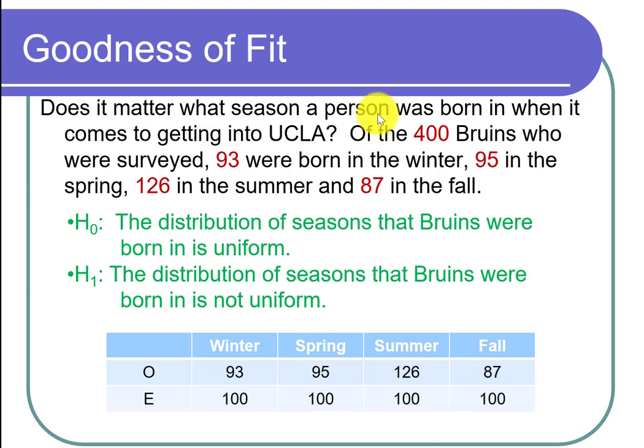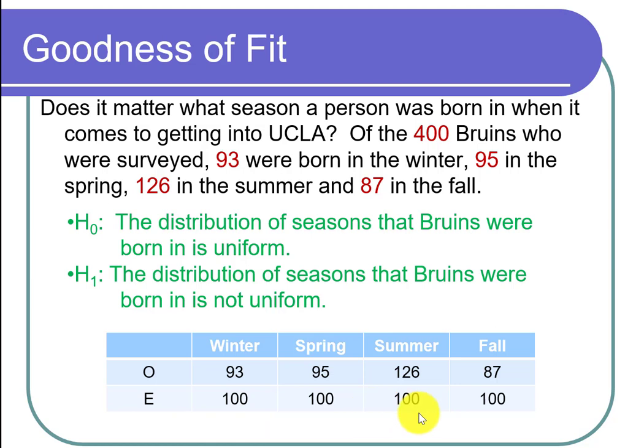If it's uniform, if we surveyed 400 Bruins, and there's 4 seasons, and they all have the same probability, then there should be 100 each. So our expected will be 100 for the winter, 100 for the spring, 100 for the summer, and 100 for the fall, because uniform is all the same. Or in other words, 25% for each of them. 25% of 400 is 100.